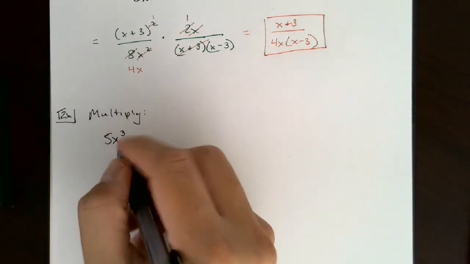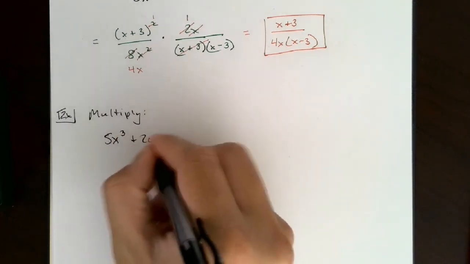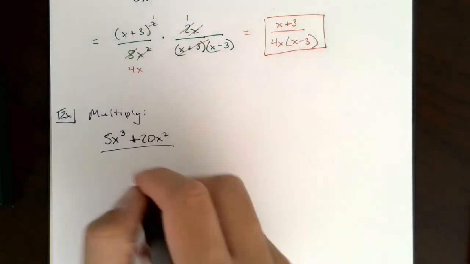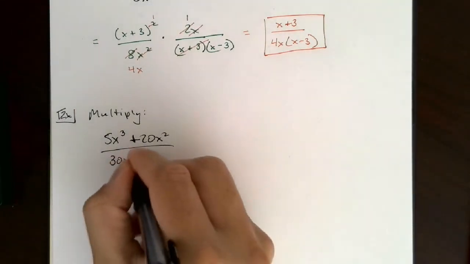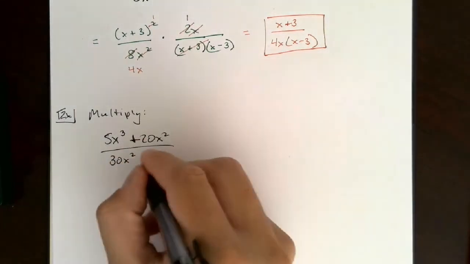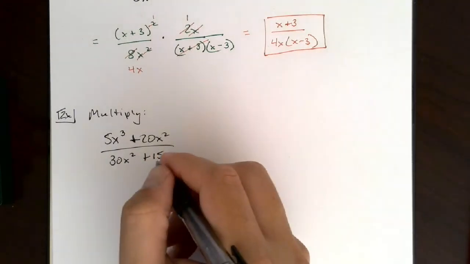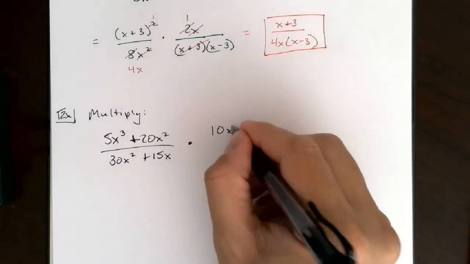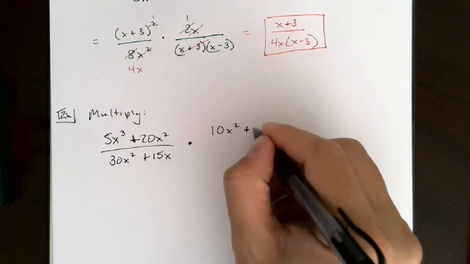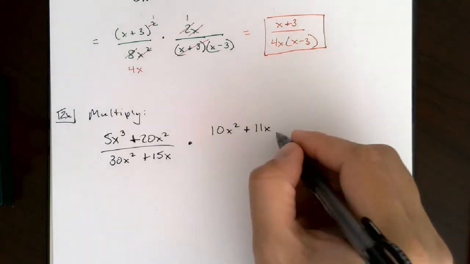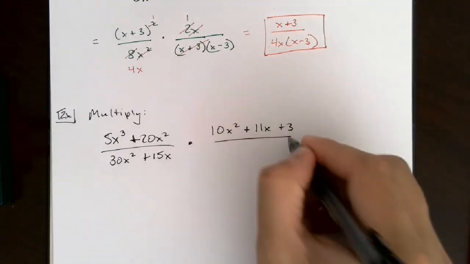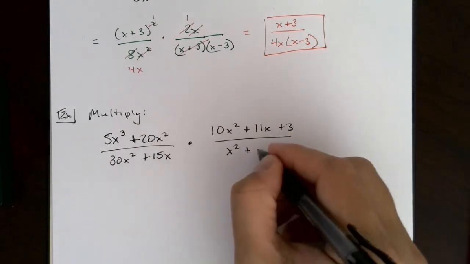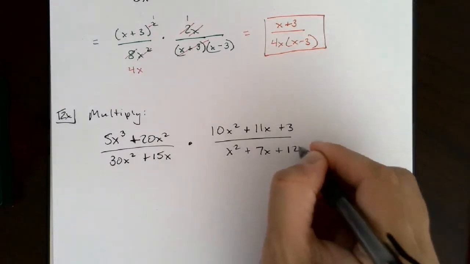We have 5x cubed plus 20x squared over 30x squared plus 15x, times 10x squared plus 11x plus 3, and then this is over x squared plus 7x plus 12.